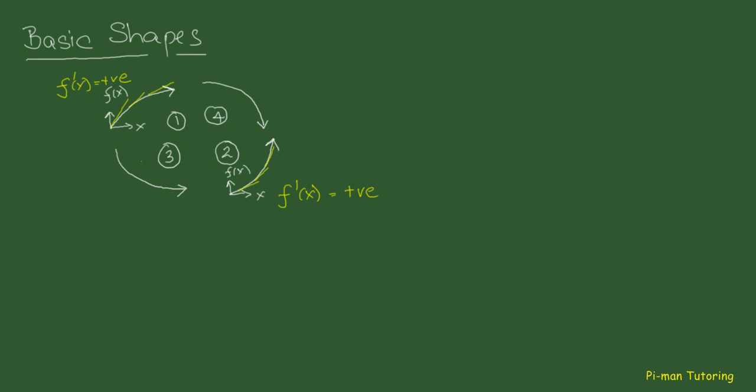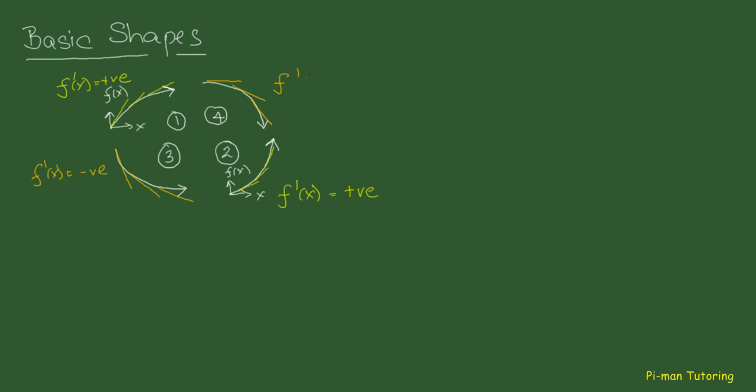So let's again just look at the slope of each of these. So here the slope is negative, it's still negative, it's still negative, but it's getting shallower and shallower. So here f dashed of x has a negative value. Over here, in example number 4, we have negative slopes, but look, they're getting steeper and steeper and steeper.